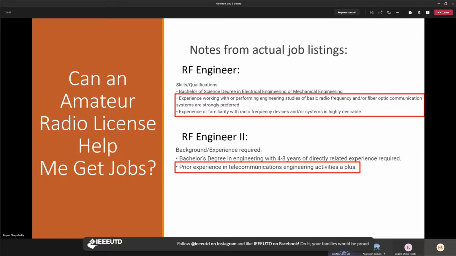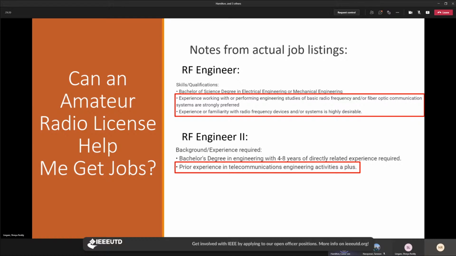Number 1, experience working with or performing engineering studies of basic radio frequency communication systems. The third one is experience or familiarity with radio frequency devices or systems. These are both all about the things that you will learn whenever you take your test and get licensed for amateur radio. And it's concrete, right? Those are absolutely what you're doing. You could go into the job interview and say, I have 100% done this and I'm comfortable with it.